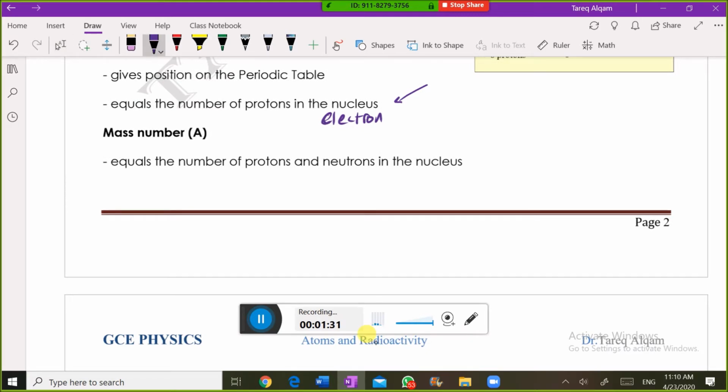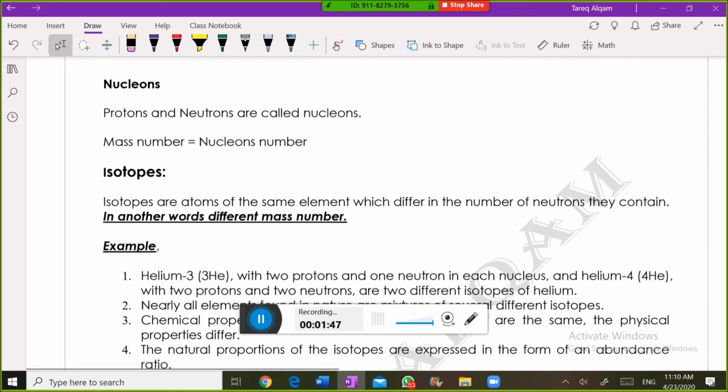The sum of protons and neutrons: number of protons plus number of what? Neutrons. There is another definition which is called the nucleon.